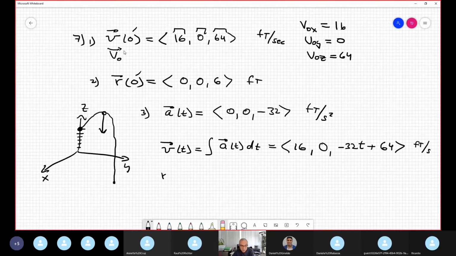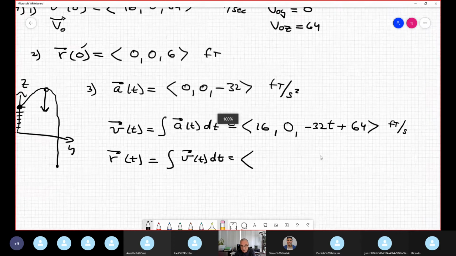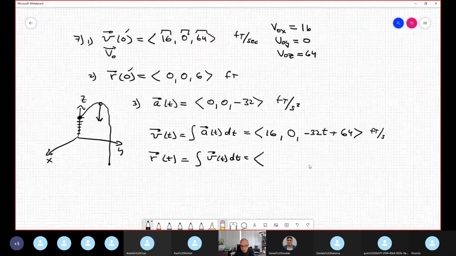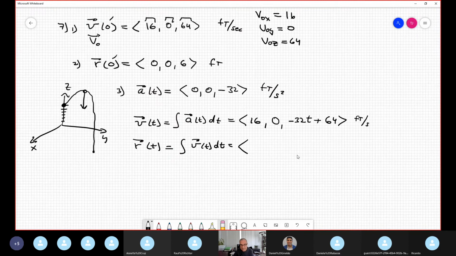Okay, now position, exactly the same. Again, we are doing the antiderivative. The antiderivative of velocity gives me the position, no? Entonces we're using the famous idea of the vector value function. You see que fantastic this idea, guys. Because in a vector value function, you are condensing in only one mathematical object the whole information of the three components.